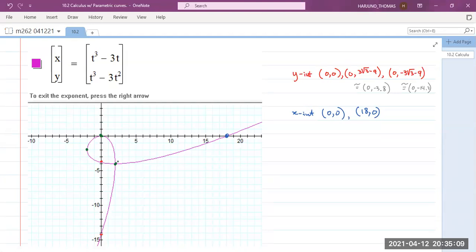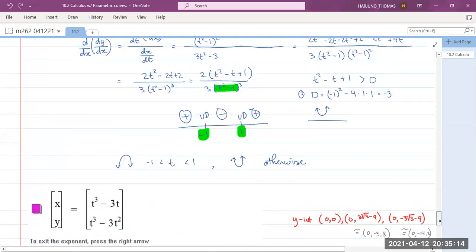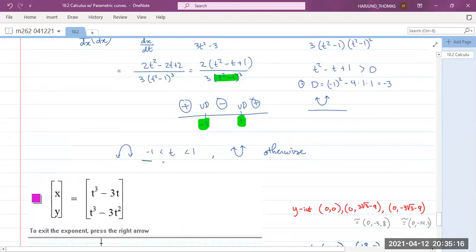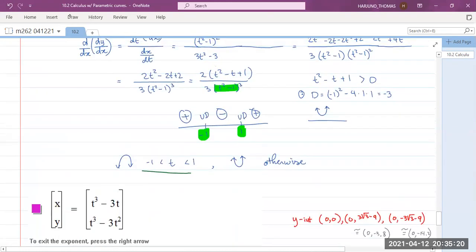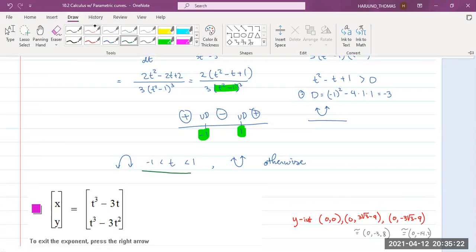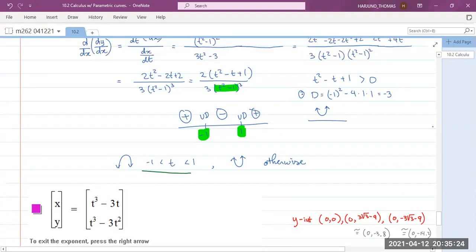Okay, now it is concave up. Maybe concave down is better to talk about. Concave down when t is between negative 1 and 1. So let's see when t equals negative 1, what's that? Have we done that? So x of negative 1 is what? y of negative 1 is what?